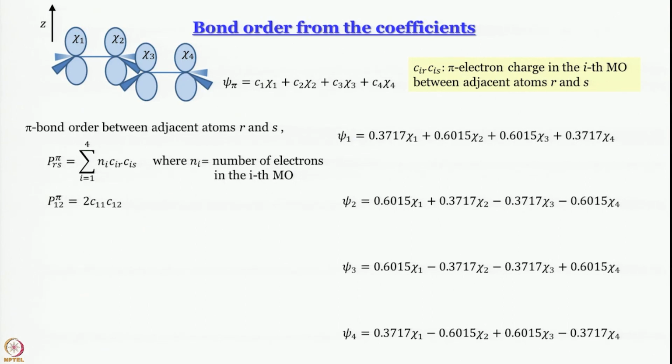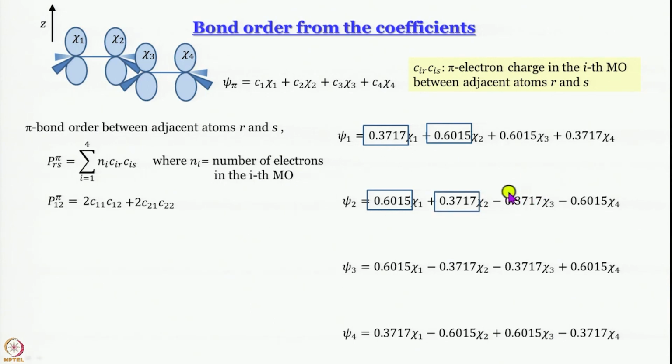Then again Psi2 also has 2 electrons. So, 2 into C21 into C22. We do not go any further because there is no need of considering Psi3 and Psi4, since they are not even populated. So, what is C11? 0.3717. What is C12? 0.6015. What is C21? 0.6015. What is C22? 0.3717.